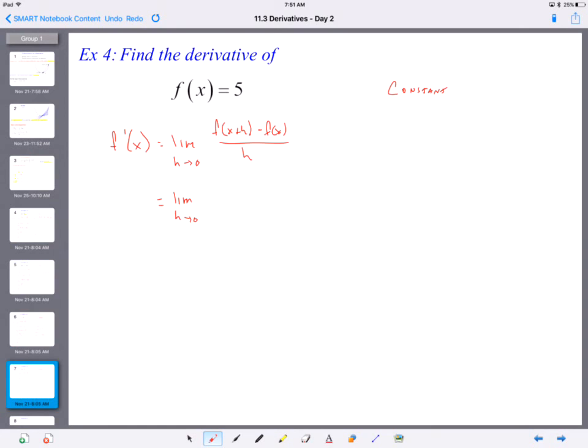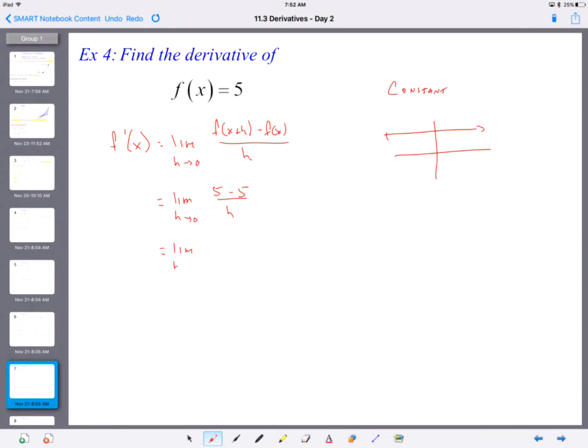Well, it's just a constant. f of x equals 5 is just a horizontal line. So if I just plug in x plus h, no matter what I plug in, I'm always going to get a 5 back because it's just a horizontal line. So that leaves me with 5. If I plug x plus h in, my output is 5. If I plug x in, my output is still 5.